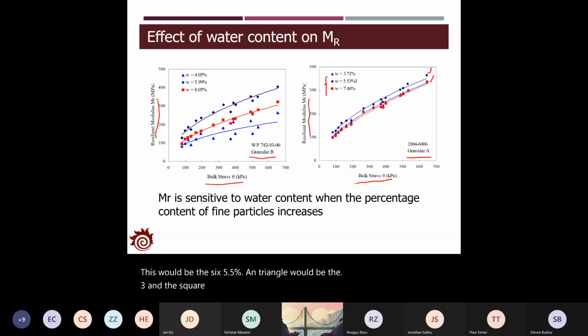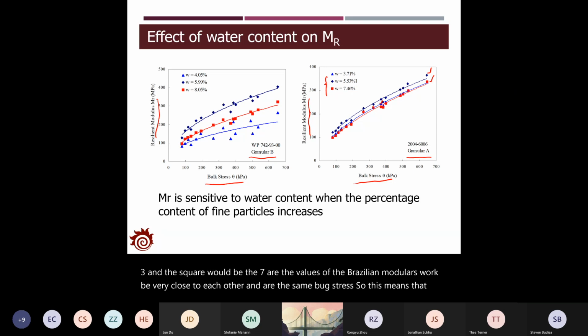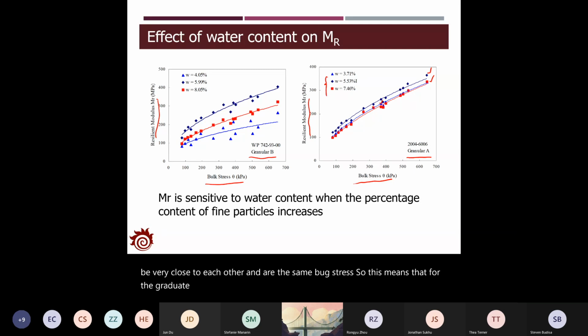The values of the resilient modulus will be very close to each other under the same bulk stress. So this means that for the granular A materials, the MR values are not sensitive to the water contents.